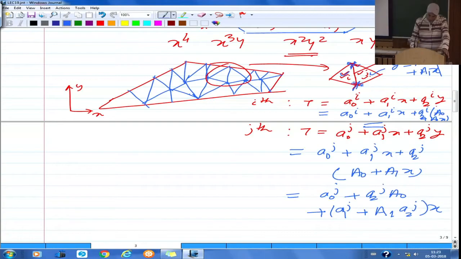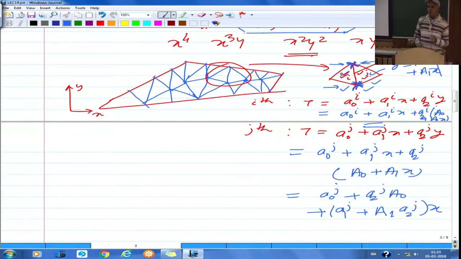And we are already saying that the temperature values at these are the common nodes. So this is a common node here, this is a common node here, and we are going to enforce the same value of T for this node, whether it belongs to the ith element or the jth element. From this point also, at this particular node, from both the elements it is the same.